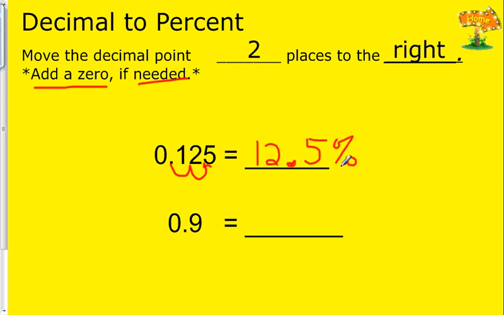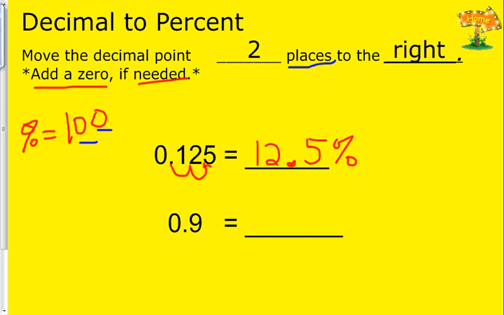And the reason why is that percent means per 100, for every 100. Those have 2 zeros. Zeros are what we call placeholders. So that's why we can only move it 2 places, because we only have 2 placeholders.